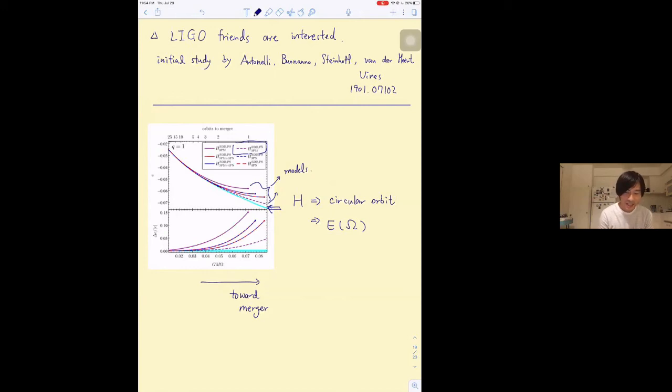And notice that this Hamiltonian, they are not exactly our 3PM Hamiltonian, but they're 3PM Hamiltonian after this EOB model. But there are also free parameters in the EOB model.